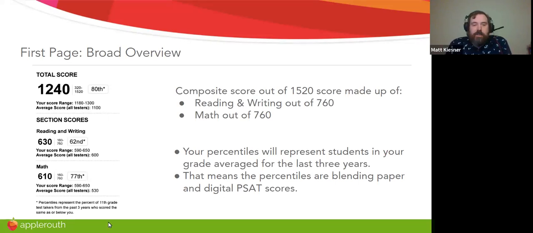So for this one, this student is in 11th grade, and you can see the percentiles. But if you're in 10th grade or 9th grade, it'll shift. And obviously the average score for a ninth grader is going to be lower than the average score for an 11th grader because there's less schooling, less math. And you see a change from the previous one: there are no subscores. Previously, there was a reading and writing subscore. They have done away with that.